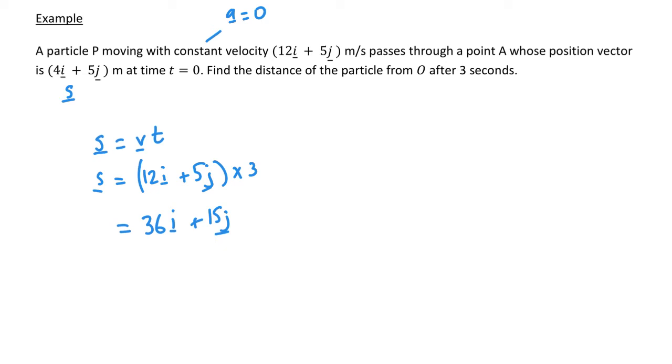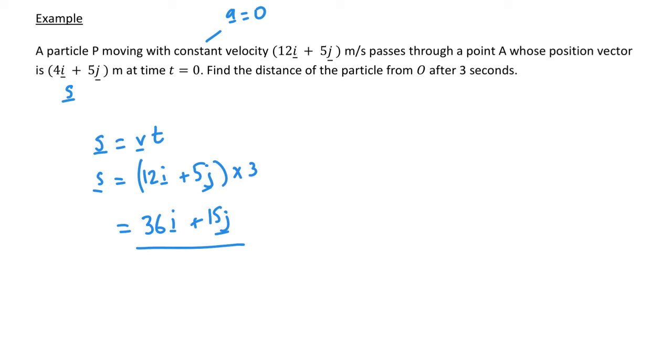Now what this tells us is the displacement travelled in those 3 seconds. That's not telling us where it is; that's telling us from time t equals 0 to t equals 3, it has travelled 36i and 15j.